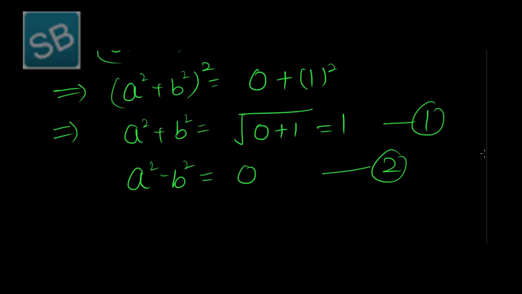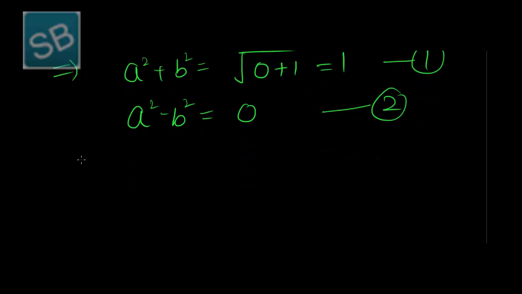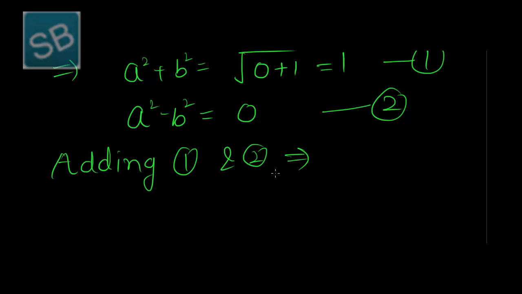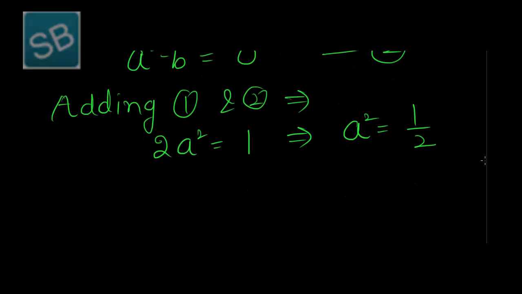So adding 1 and 2, we get 2a square is equal to 1. That implies a square is equal to 1 over 2, which also implies a is equal to plus minus 1 over root 2.